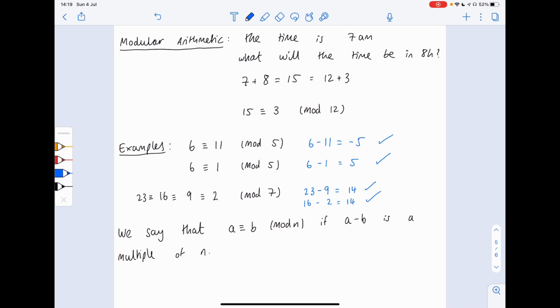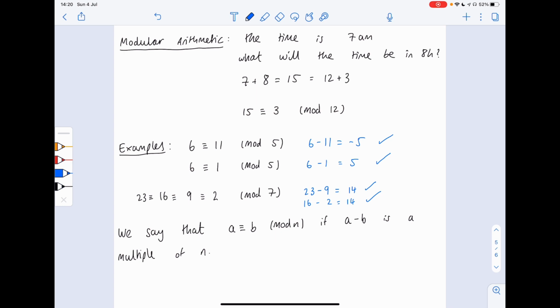Just for some context, it was first developed in this format by Gauss, who was a mathematician in the early 19th century, I think. He presented it in a textbook in about 1800. And it crops up all over maths, but is particularly important in number theory.